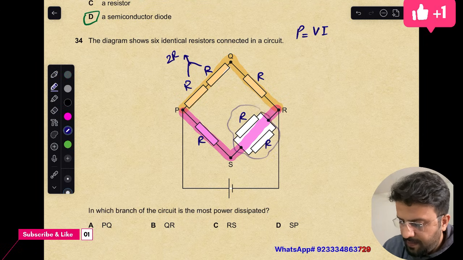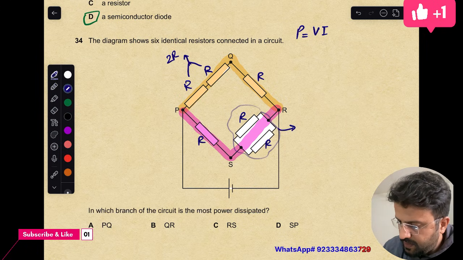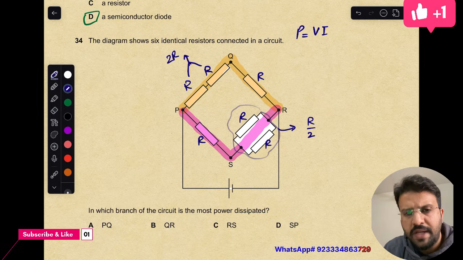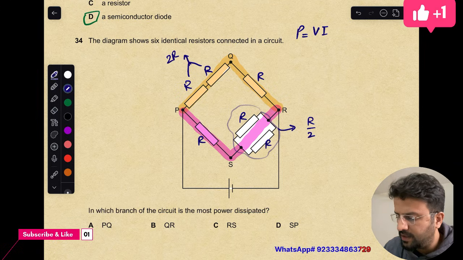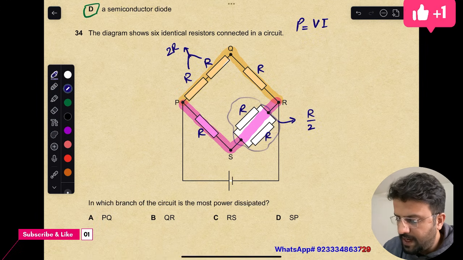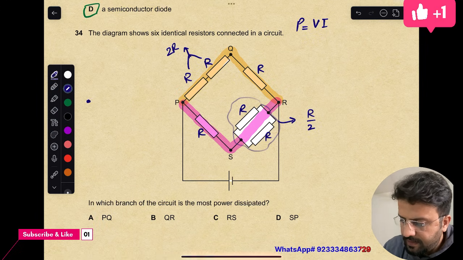And if I simplify these two, they are in parallel, so their combined resistance will be R by 2. You can apply the relation 1 by R plus 1 by R, and then at the end take the reciprocal, R by 2. So I can make this circuit like this.